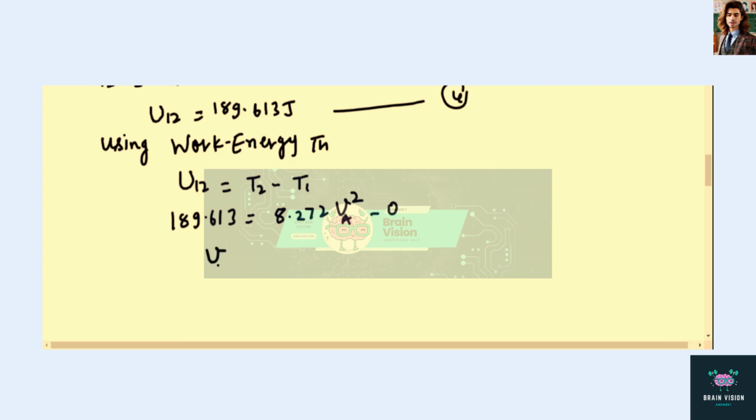So from here velocity of A we will get 4.7877 meter per second. This is the answer of part A.